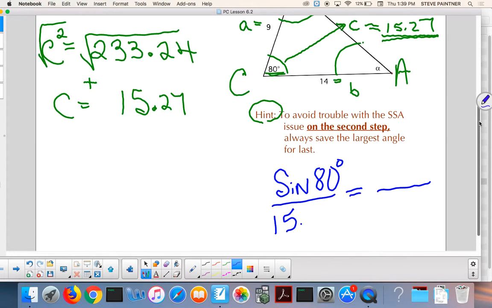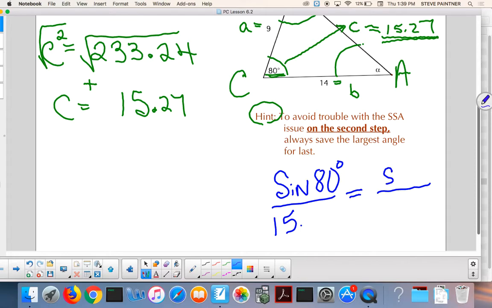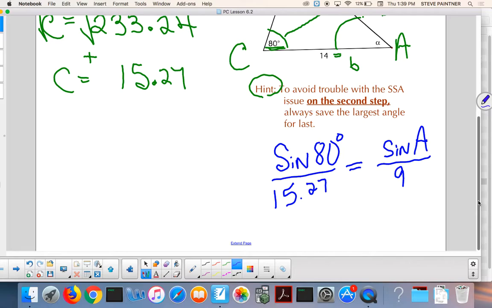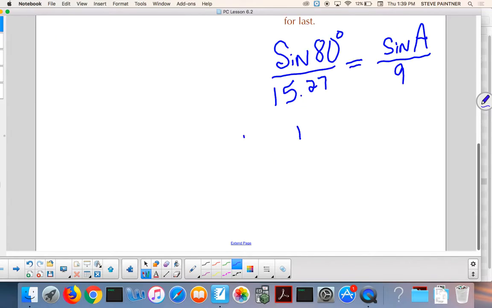You guys picked A, so I'll go with A. Sine of A over 9 equals sine of 80 over 15.27. Okay? Cross multiply. 9 times sine of 80 equals 15.27 times sine of what?